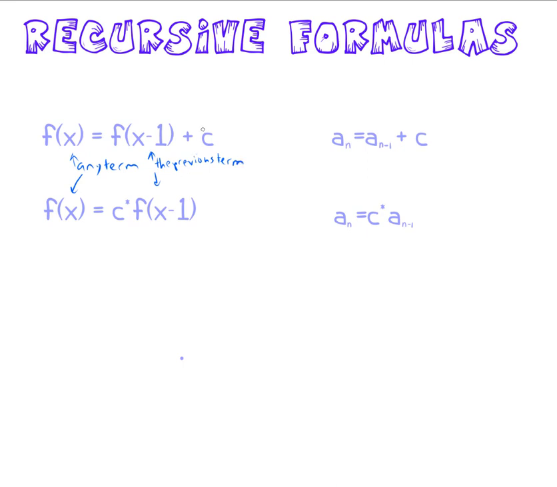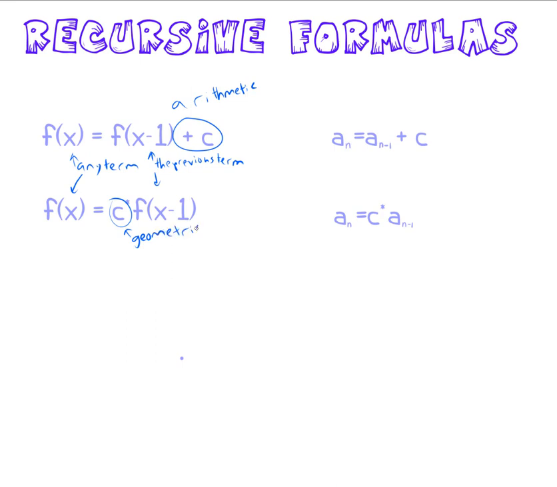You're either going to add something, and if you add something, that makes it an arithmetic sequence. If I am multiplying it by something, then that's going to make it a geometric sequence.